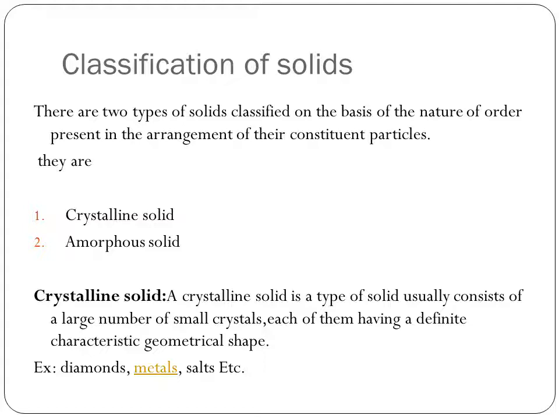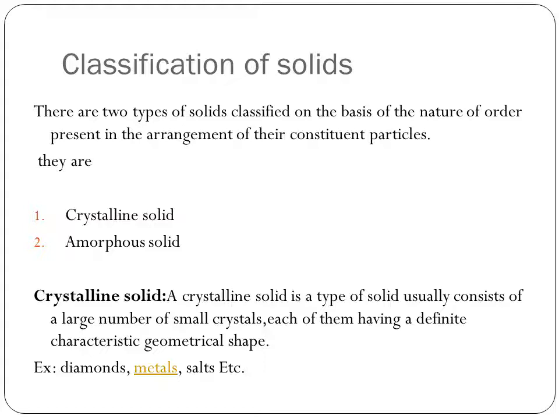Classification of solids. So dear students, now solids are classified into two types on the basis of nature of order present in the arrangement of constituent particles. I mean, solids are classified based on only the arrangement of constituent particles. Then comes the question, what do you mean by constituent particles?